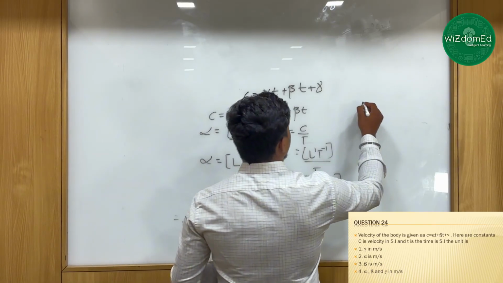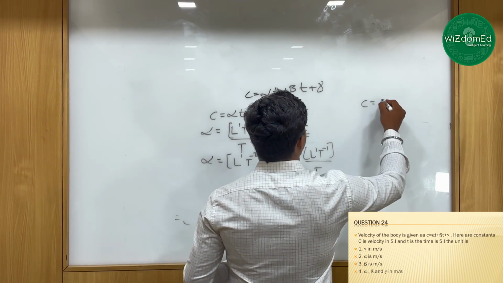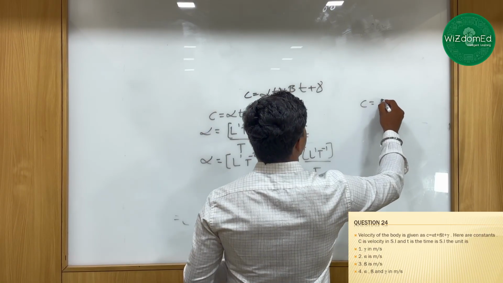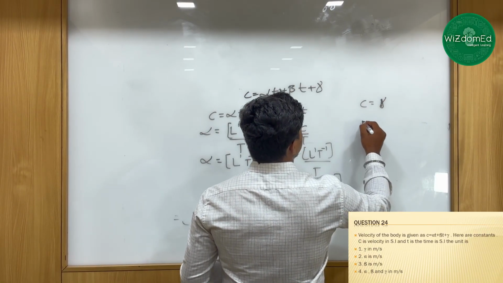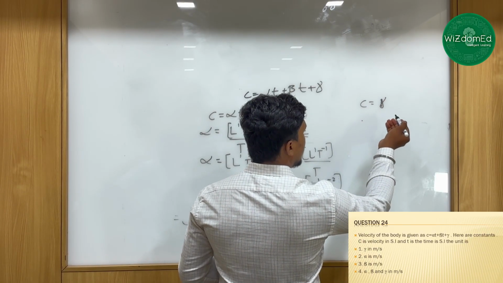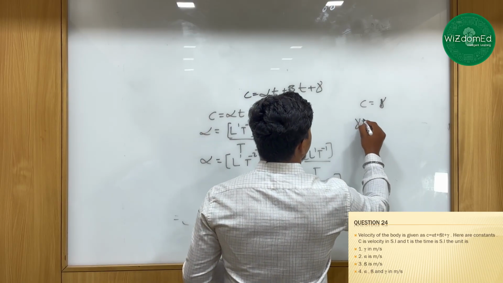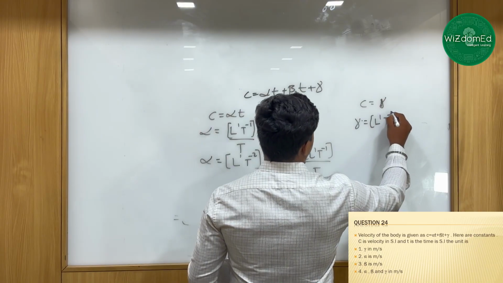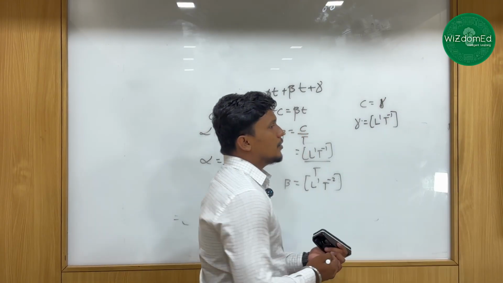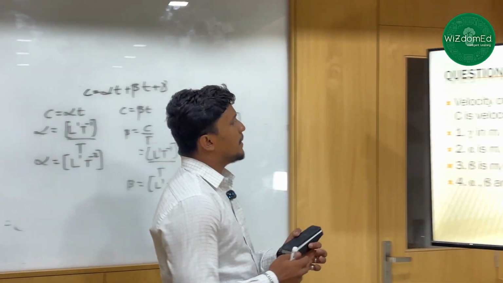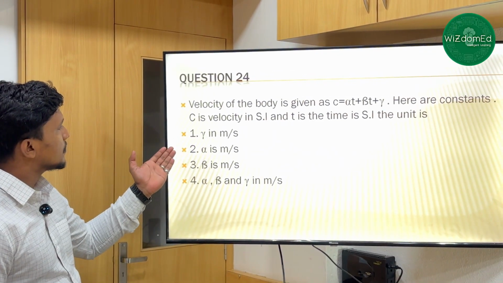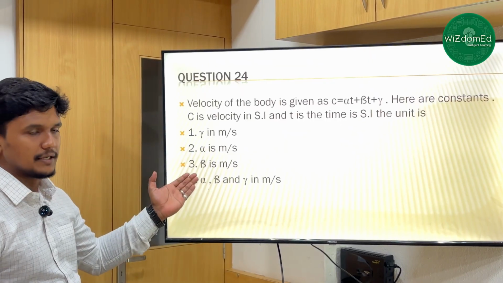While if we take gamma, c is equal to gamma, so the dimensions of gamma will be L power 1 and T to the power of minus 1. So we can say that gamma is represented in meter per second, and gamma is also a velocity.